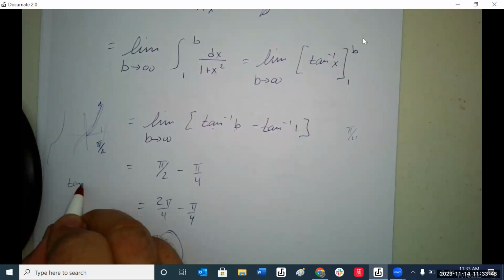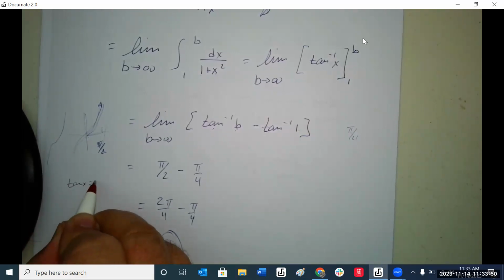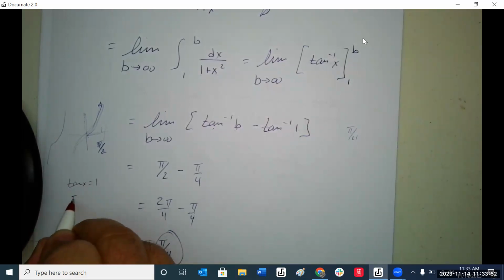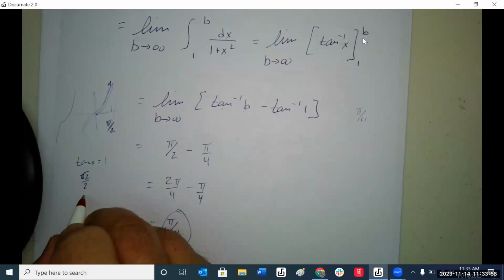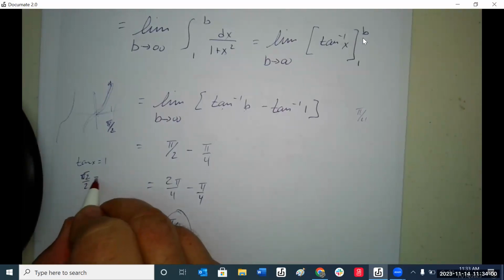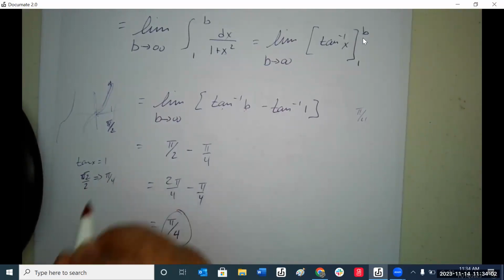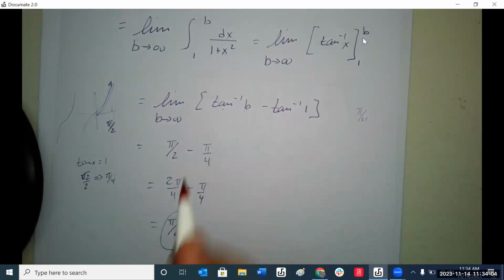Tangent is 1 when sine and cosine are both square root of 2 over 2. And that occurs at pi over 4. This is a 45-degree angle. So again, review those, it makes it much easier to do. One more.